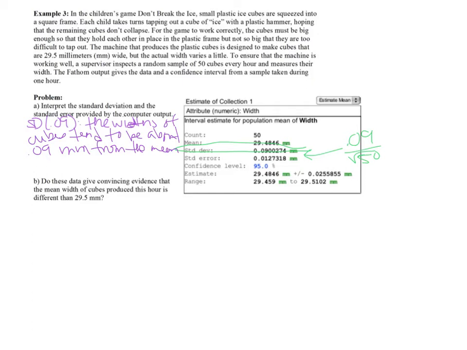So then our standard error, which I'm going to write over here, which is about 0.013, what that means is that if you were to take many samples of size 50, what would happen is that in many of these samples, your sample means would tend to be about that far from the mean.